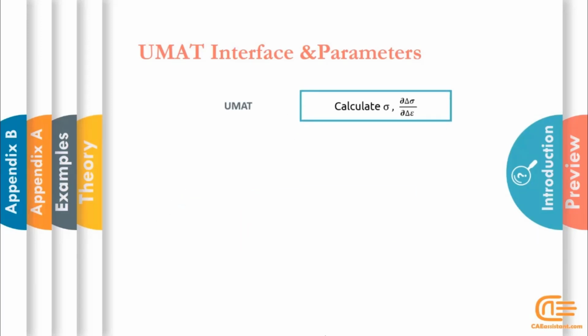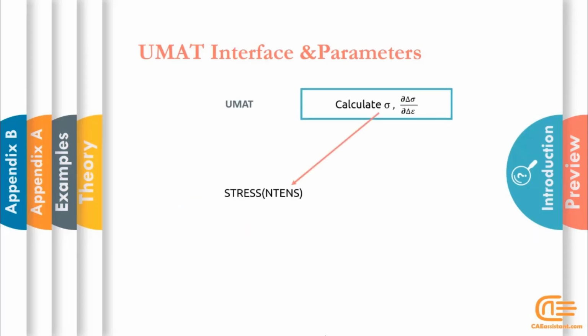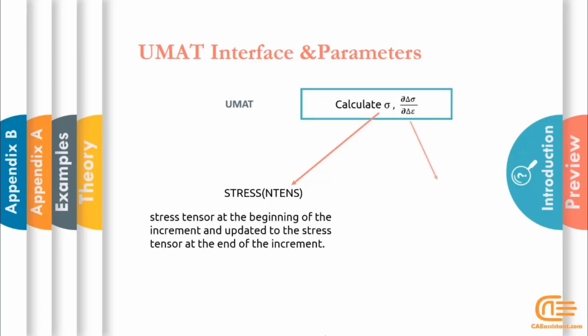The stress tensor is called by STRESS, which indicates the stress tensor at the beginning of the increment, and we should also update it to the stress tensor at the end of the increment. And C in UMAT is called by DDSDDE, which indicates the Jacobian matrix of the constitutive model.